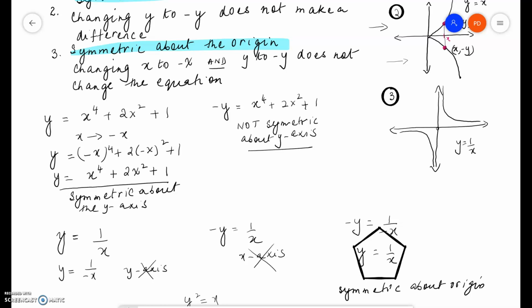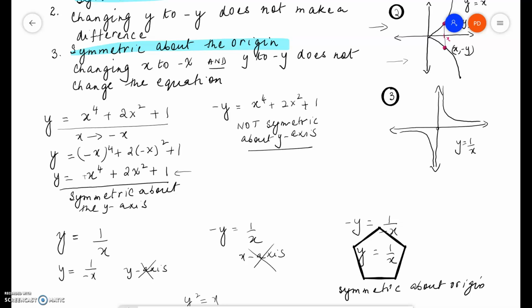And when we simplify it, negative x to the 4th power is positive x to the 4th, negative x the whole squared is positive x squared. So nothing changes. So we can conclude that the graph of this equation is symmetric about the y-axis.